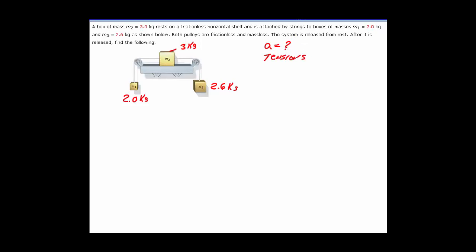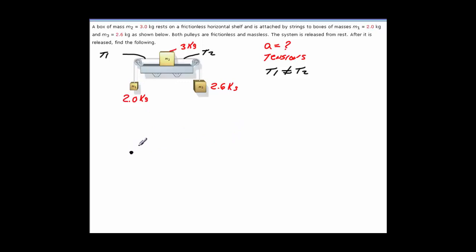Now the thing to note on this one is, in this case we'll make this T1 and here we'll make this T2. The thing to note here is T1 is not equal to T2 in most cases. So start out by drawing a free body diagram of M1.